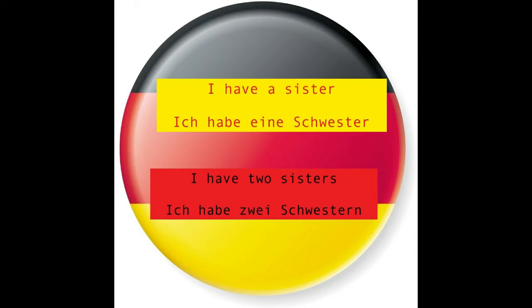So if you notice that the plural of Schwester is Schwestern, there's an N on the end of that. Make sure you're pronouncing it. This plural works whether you have 2 sisters, 3 sisters, or 10 sisters. You would just insert whatever number. You would say, ich habe whatever number, Schwestern. So if you had 5 sisters, you would say, ich habe 5 Schwestern.